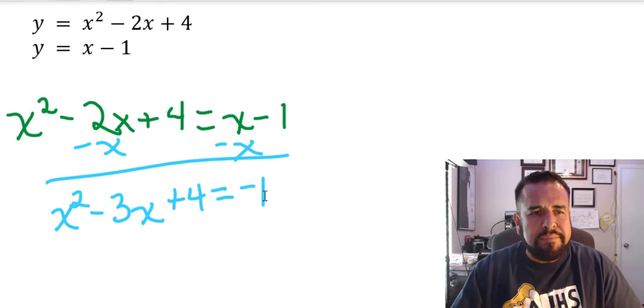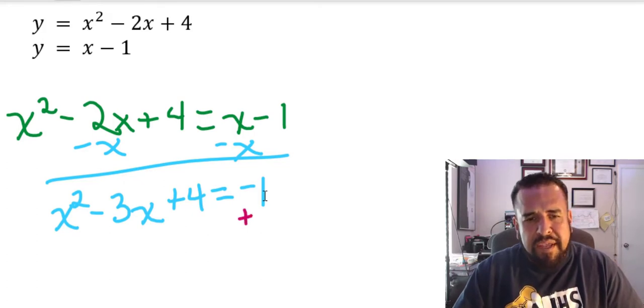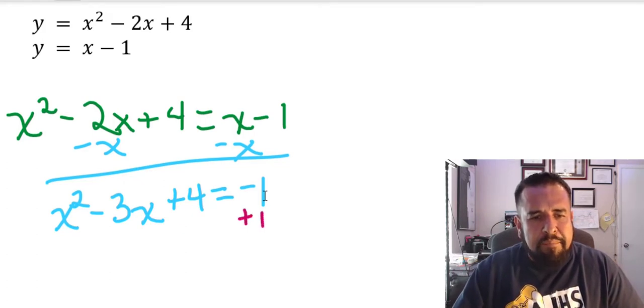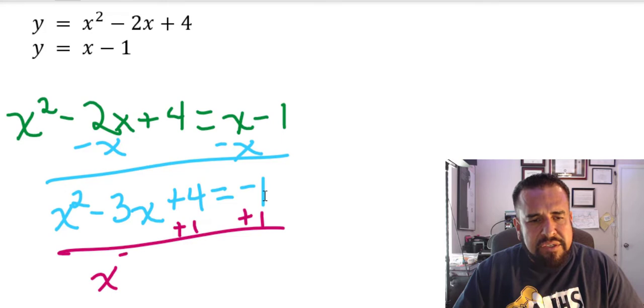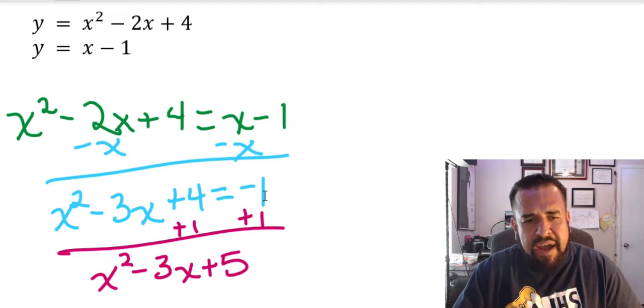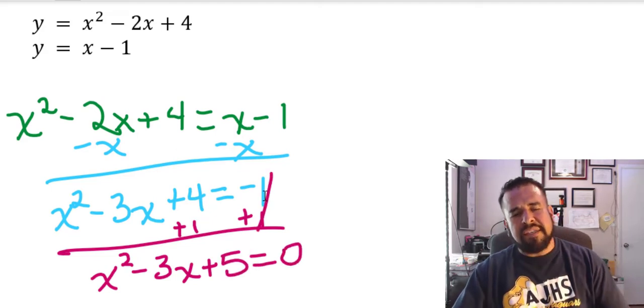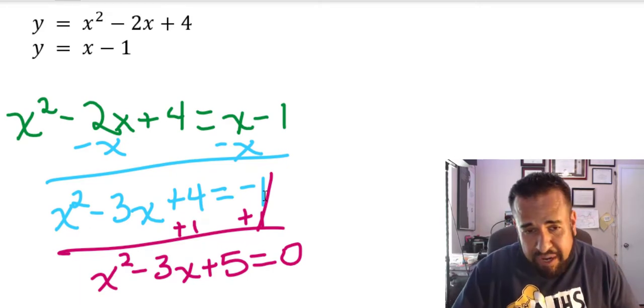Plus 1 and plus 1. So right here, what do I have left? I have x squared minus 3x. 4 plus 1 is 5, so I have a positive 5. And on this side, this canceled out, giving me a 0. Right? Exactly what I wanted.